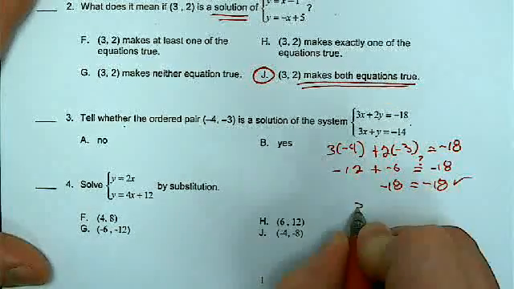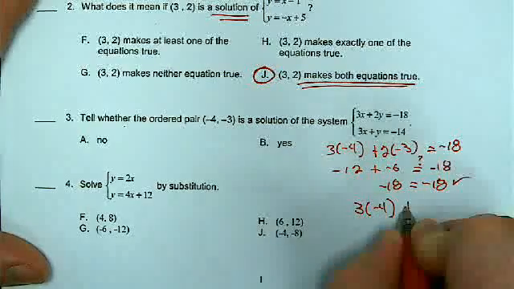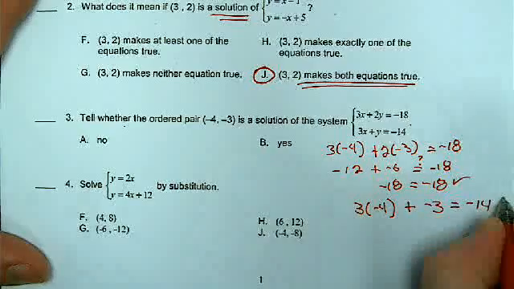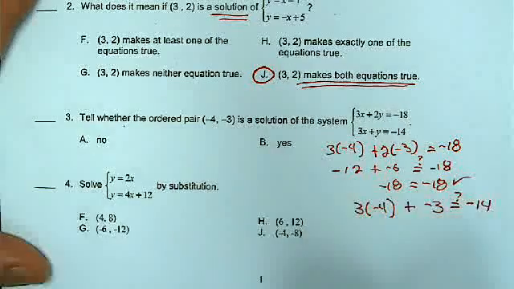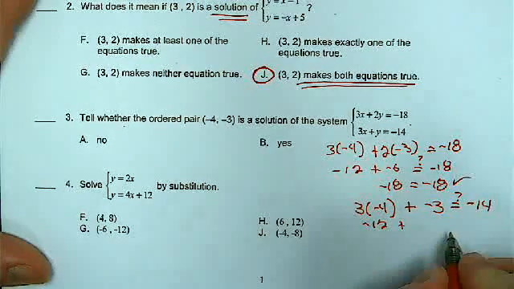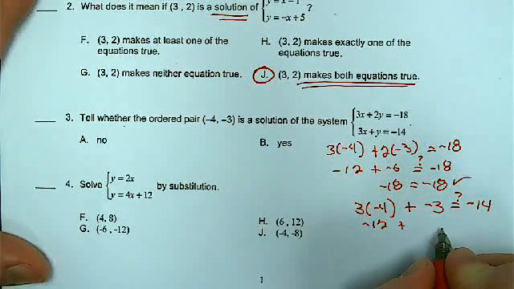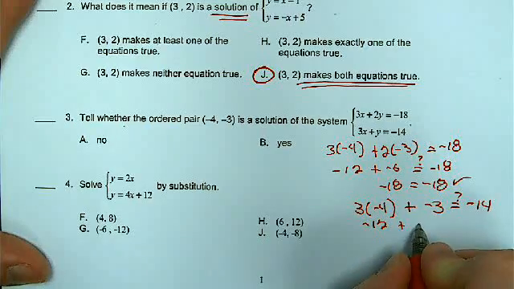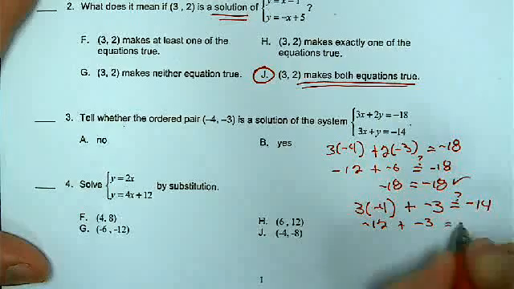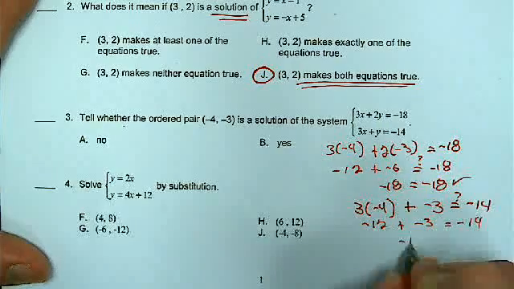What about 3 times -4 plus -3? Does that equal -14? That's the second equation that I'm plugging into now. -12 plus -3 gives me, is that -14? That's -15.